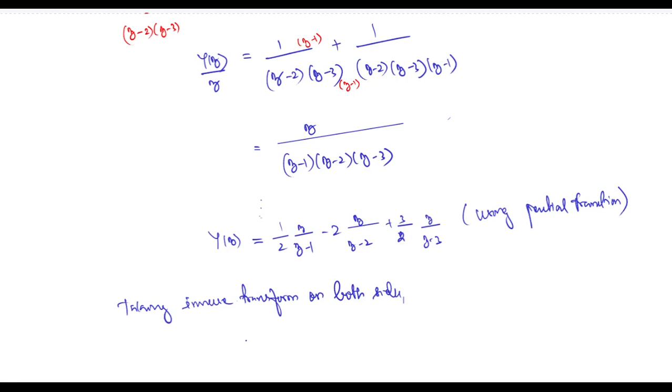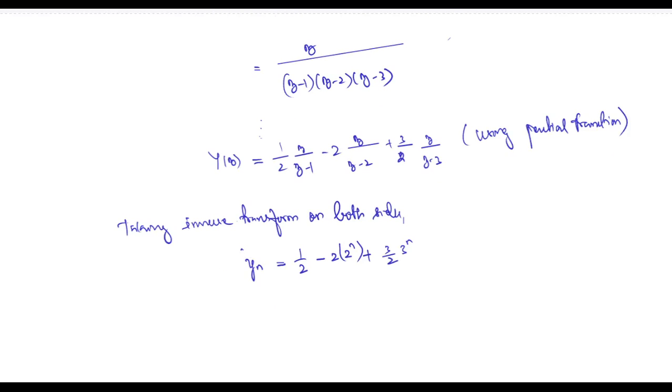So the inverse Z transformation gives y(n) equal to 1 by 2 times the inverse Z transformation of Z by Z minus 1, which is 1 to the power n, which is 1, minus 2 times the inverse Z transformation of Z by Z minus 2, which is 2 to the power n, plus 3 by 2 times the inverse Z transformation of Z by Z minus 3, which is 3 to the power n. Yeah, that's the answer.